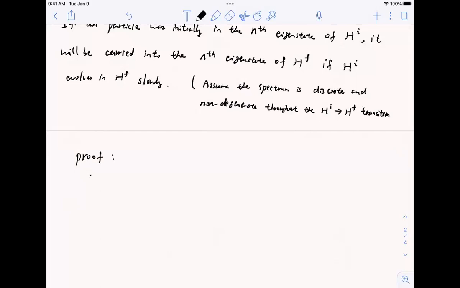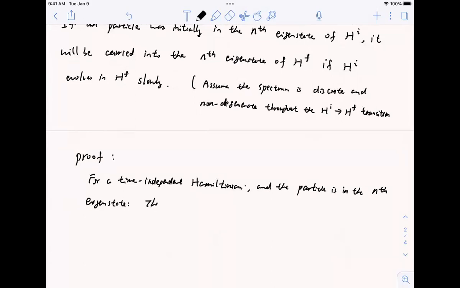So if, for a time independent Hamiltonian, and the particle is in the nth eigenstate, then we have this Schrodinger equation for this eigenstate. Okay, so we learned this already. It's nothing new.